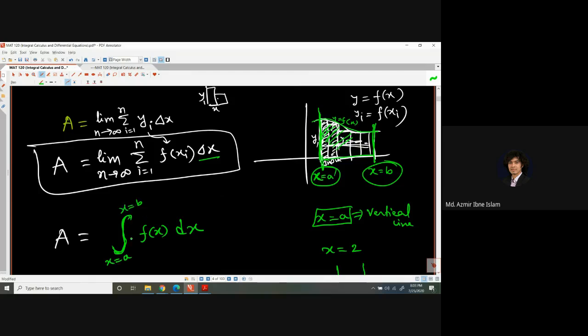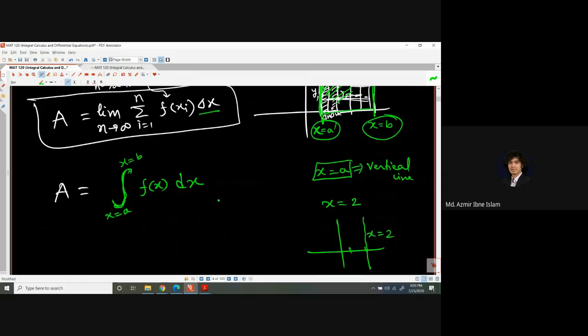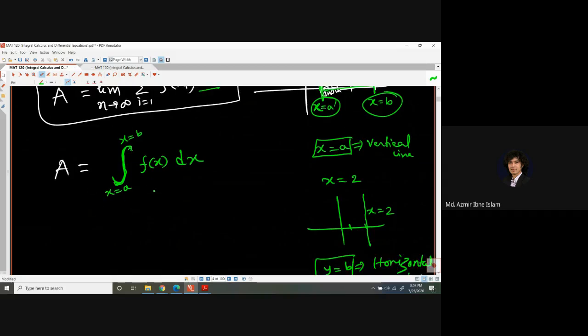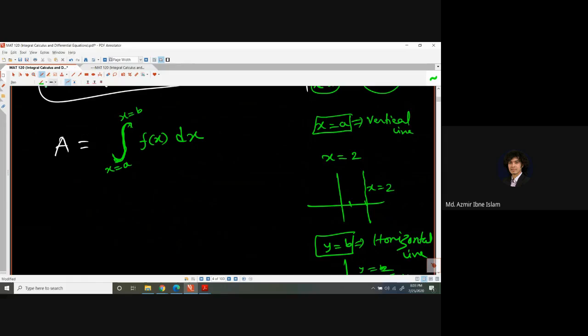That is now known as the common form. This is called the integral sign, or let me write it another way. Here we can write this as the integration from a to b of f of x dx.